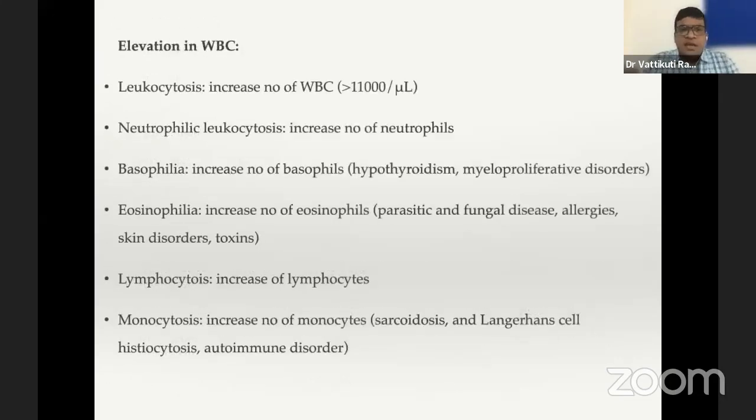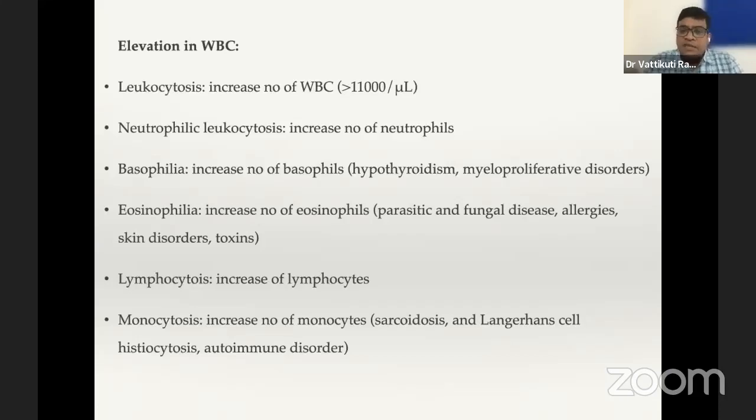The other is the elevation in the white blood cell count, which is also very commonly seen in the ICU. That is called leukocytosis, when the counts go more than 11,000 per cubic millimeter. Neutrophilic leukocytosis is when there is an absolute increase in the number of neutrophils. Eosinophilia you see very commonly in the setting of parasitic infections, fungal diseases, allergic disorders, or skin disorders.